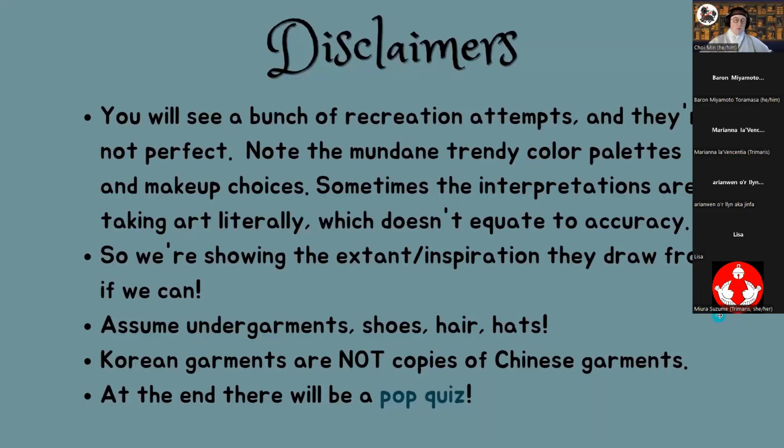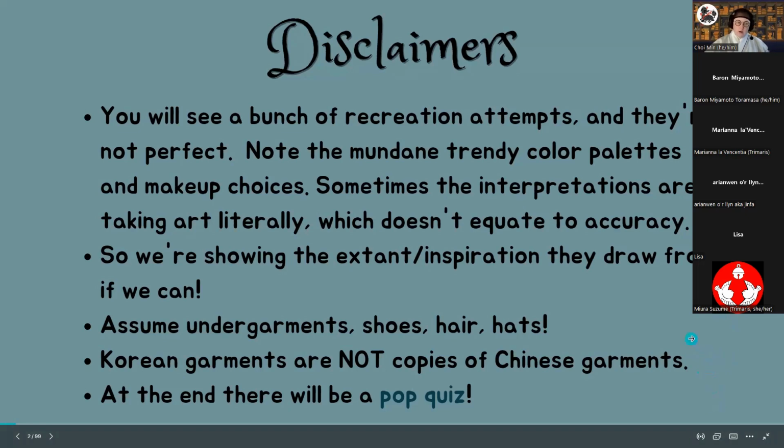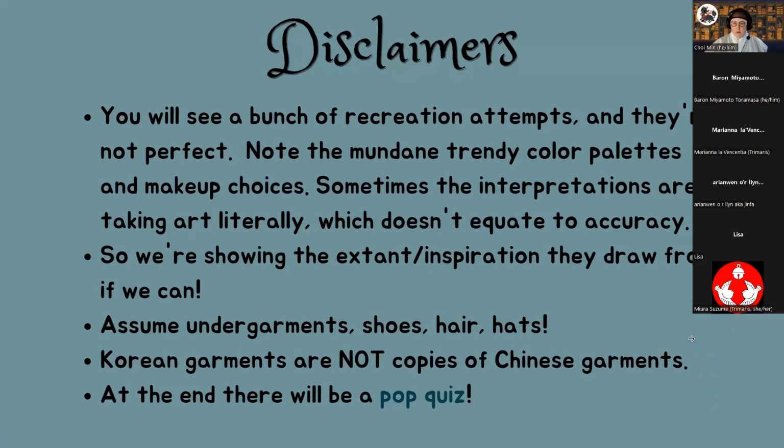Disclaimers. You will see basically a bunch of recreation attempts, and they're not perfect, and I will point out where I have noticed that they're not perfect, and you can pick those out on your own if you can note where mundane trendy color palettes are coming in, or makeup and hair choices on the models, that kind of thing.